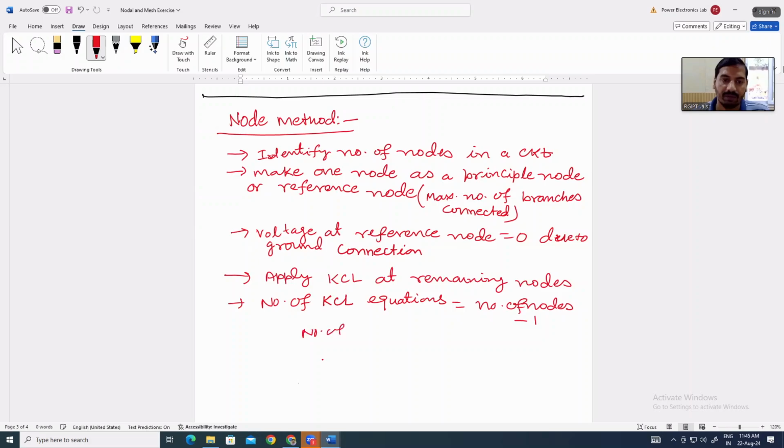So number of KCL equations is equal to n-1.